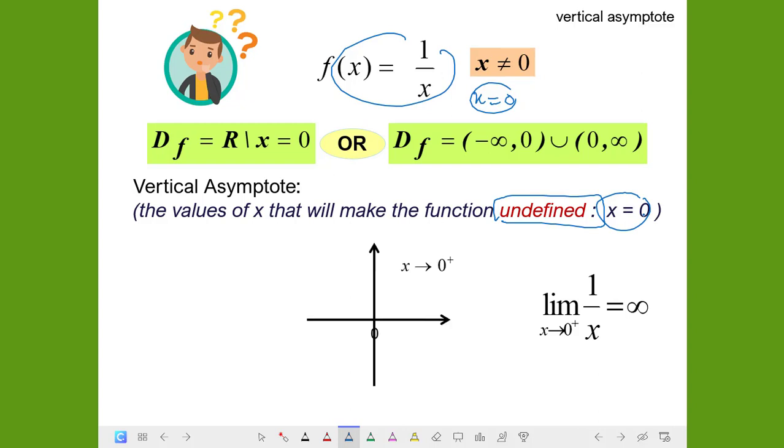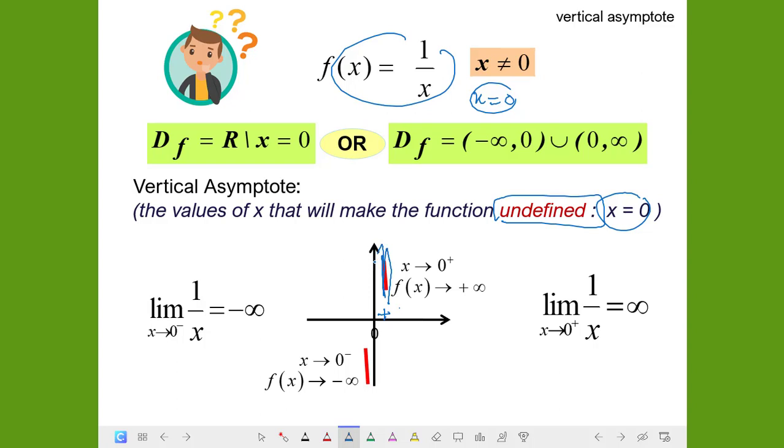Now using the graph. When x approaches 0 from the right, the graph of f(x) tends to positive infinity. When x approaches 0 from the left, the graph tends to negative infinity.